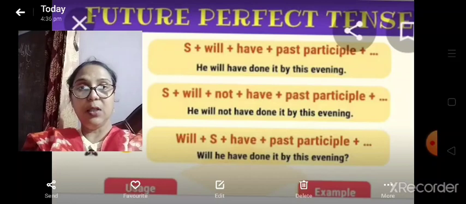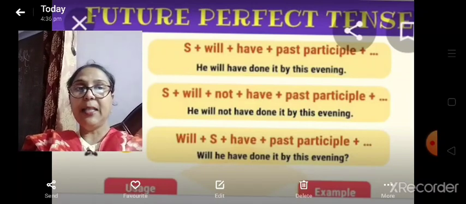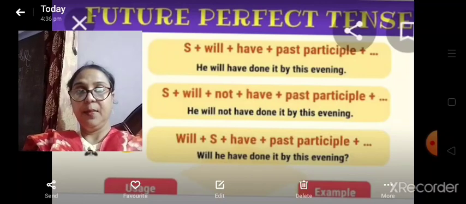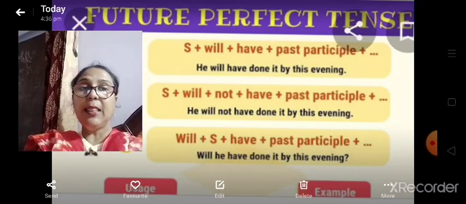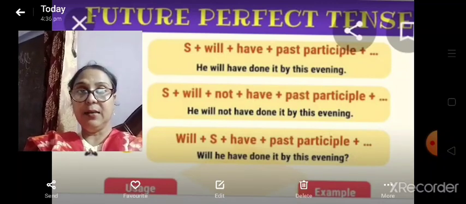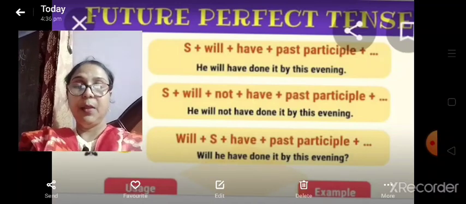As you can see on the screen, he will have done it by this evening. Here you can see subject, will, then have, and then the past participle, the third form of the verb.